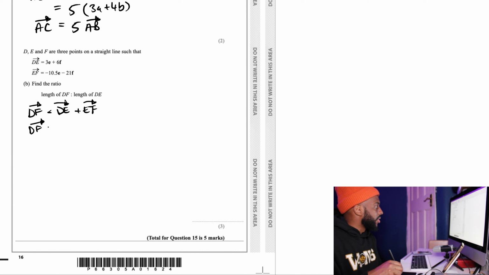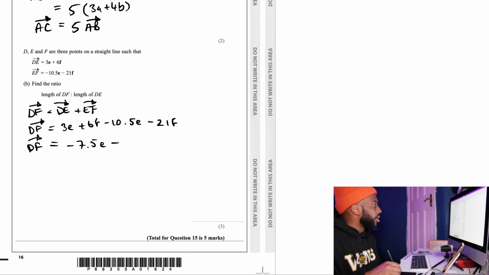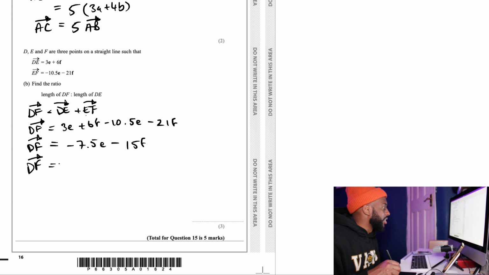So DF, our DE is 3E plus 6F minus 10.5E minus 21F. That gives us minus 7.5E minus 15F. So at this point we're going to factor out minus 7.5, which gives us E plus 2F inside the brackets.